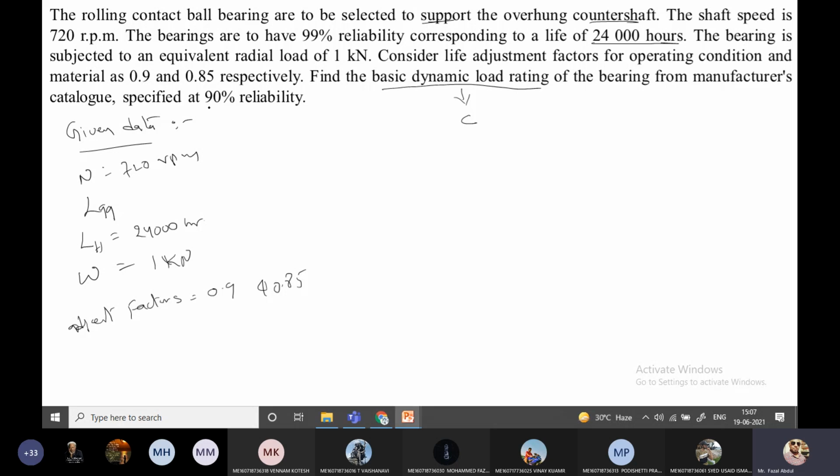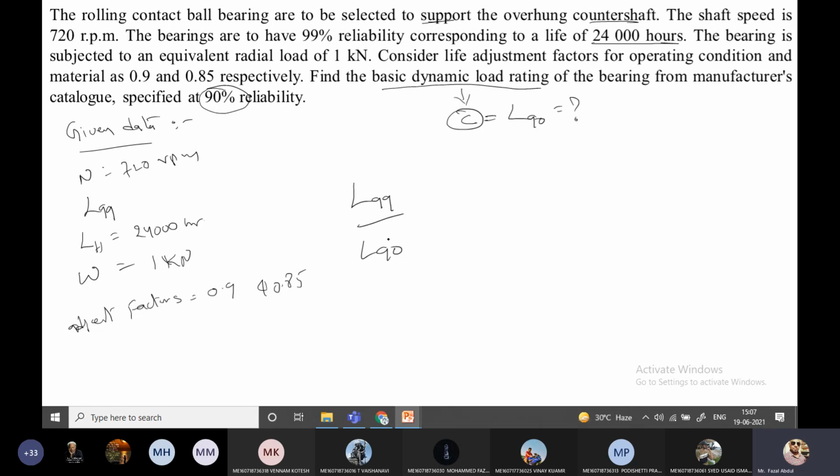I specified the 90% reliability. For the 90% reliability, how much is the C value? That is the question. So for this, what is the procedure? Same procedure we have to follow here. That is the first equation for 99% by L90. So here 99 is in millions of revolutions, meaning we don't have any limit here.